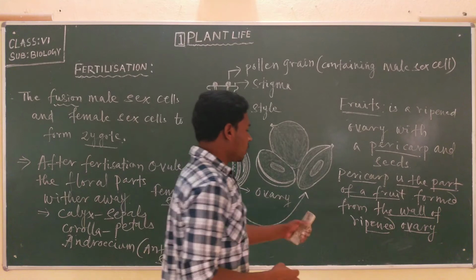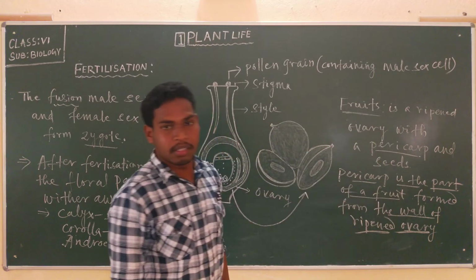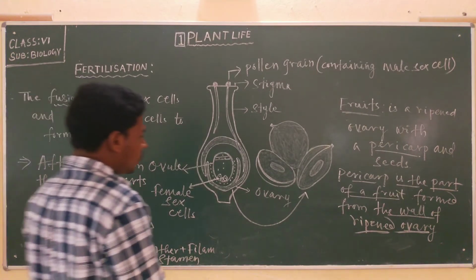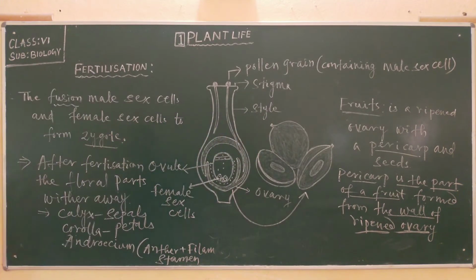We can also call the pericarp the ovary wall, or we can also call it the fruit wall.